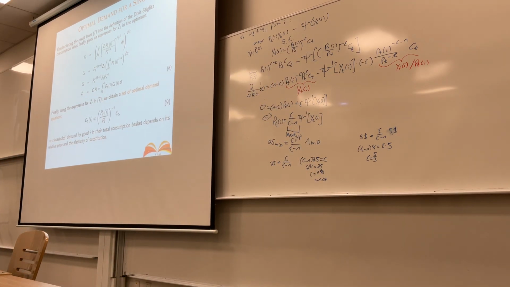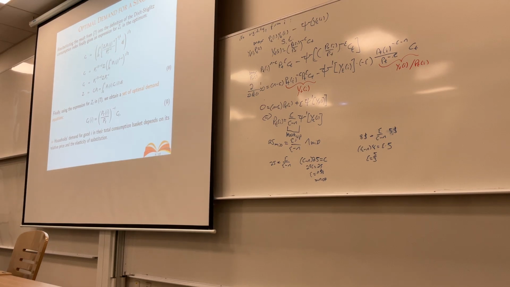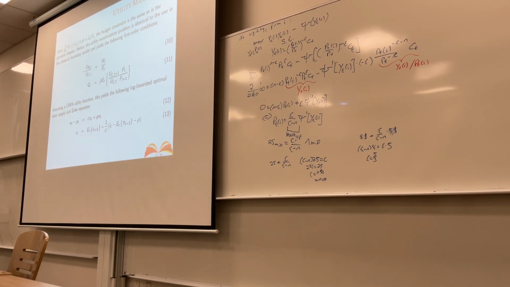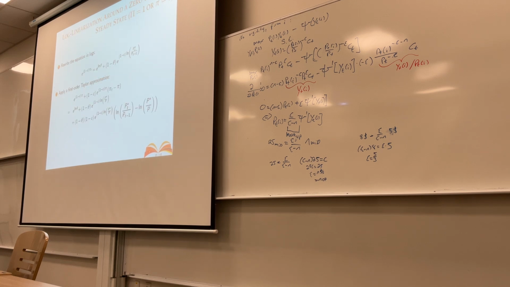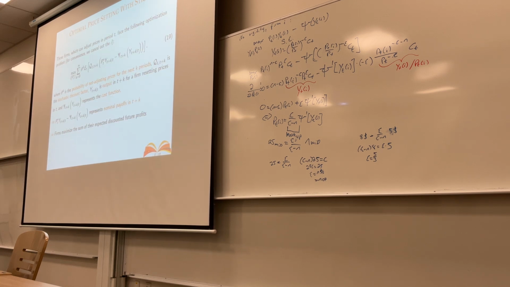But now, okay, how about then in our setup? This would be the case if we don't have any rigidities to prevent us from changing our price. But we do. We have sticky prices. So what do the sticky prices do to our firm?